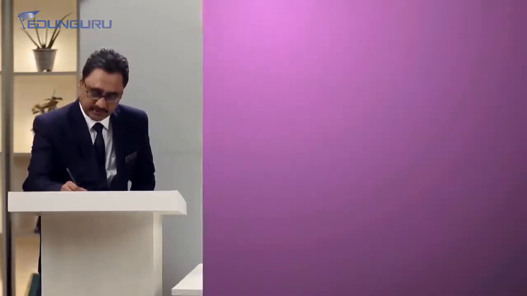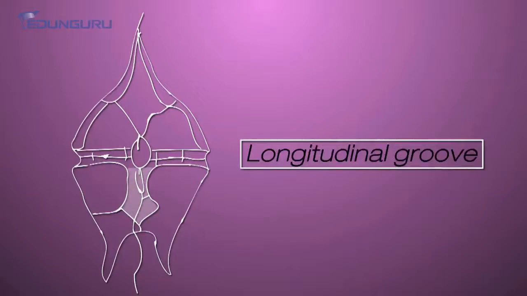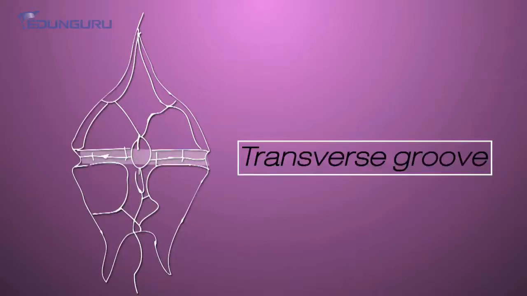Now if you see the entire structure, it has two grooves, as you can see in the diagram also. So I'm just drawing a rough diagram for you. Suppose this is a cell, right. In the cell there are two grooves, okay. One is the longitudinal groove and the second is the transverse groove.